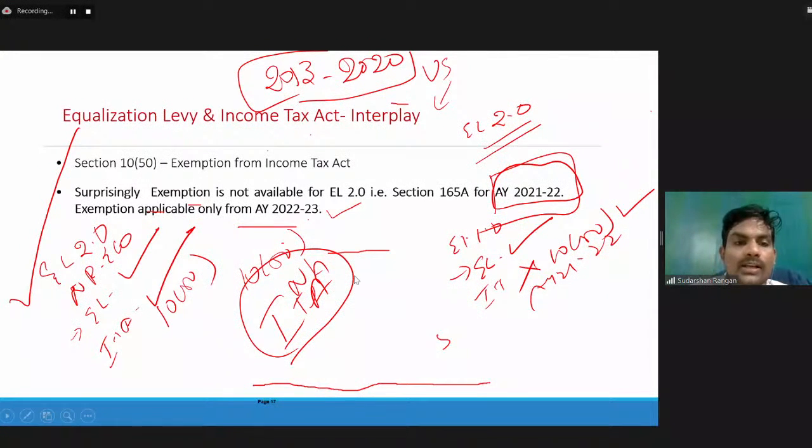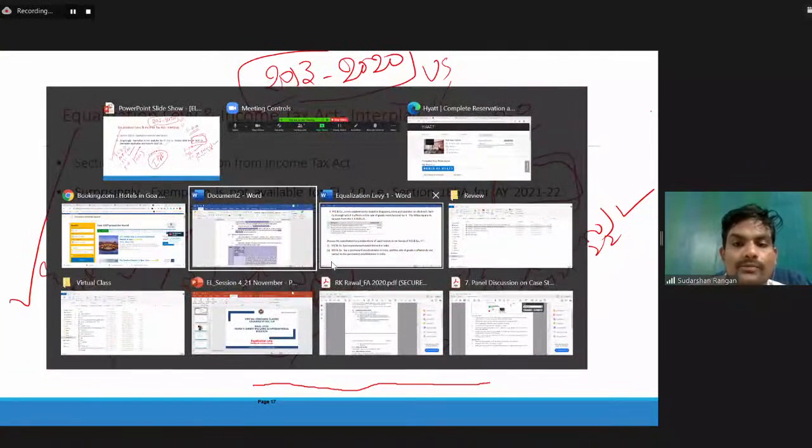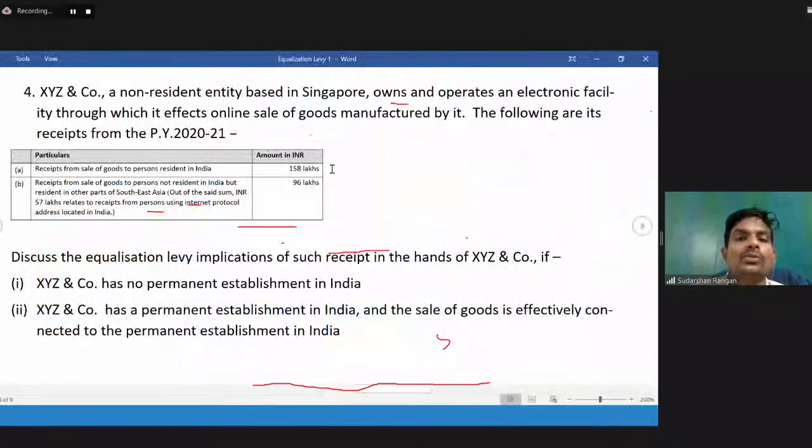But anyway, from an exam perspective, you can watch out for questions like this. This is how they will try to test you. And more importantly, under equalization levy 2.0 for non-resident e-commerce operators, section 10 clause 50 exemption is not available for assessment year 2021-22.